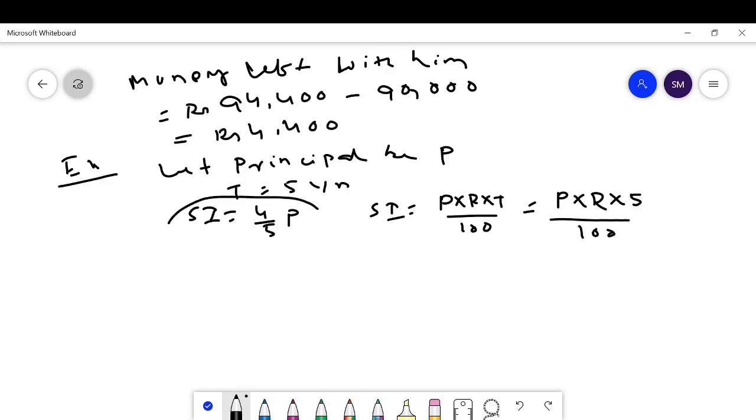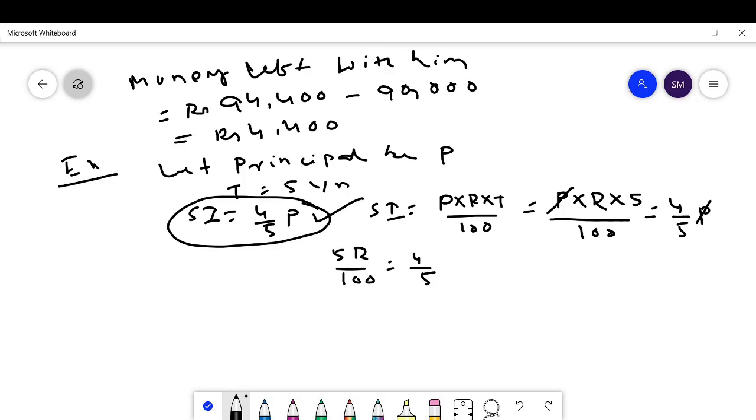But according to the question, the SI is equal to 4 upon 5 P. You can write this as 4 upon 5 P. Here P cancels. Then 5R upon 100 is equal to 4 upon 5. Then R is equal to 4 into 100 upon 5 into 5.